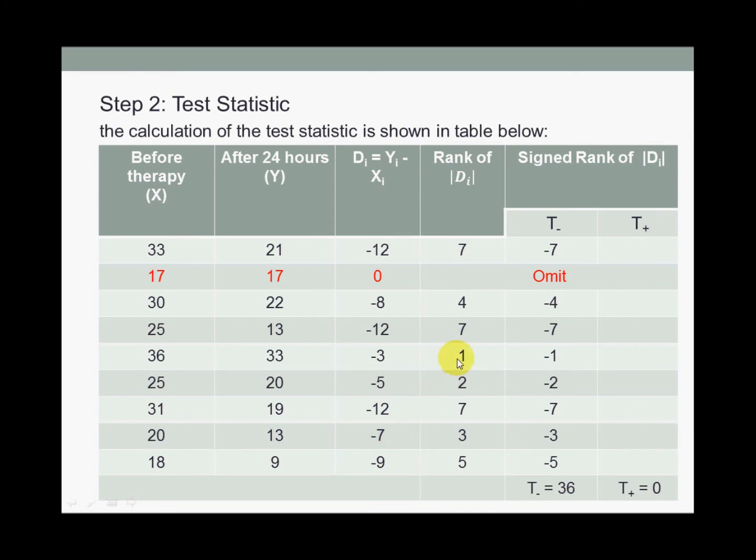For example, the signed rank of 7 is negative 7 because we take the sign from the difference di. Then we repeat the step until we get the signed rank of the last row. Lastly, we total up all the values of T negative and T positive.